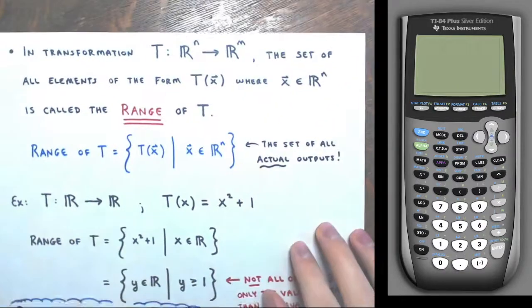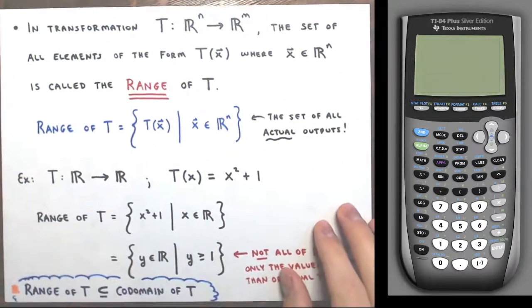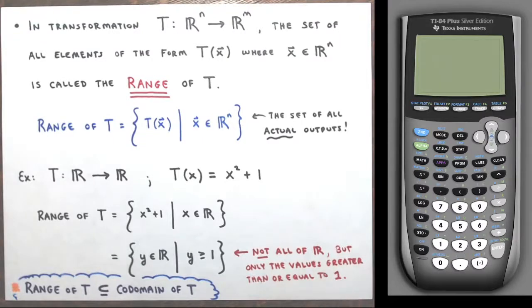Now, the last major definition when it comes to transformations and operators is the range. I mentioned the word range earlier in the video. I was telling you not to confuse the codomain of a transformation with the range of that transformation, and here's why.